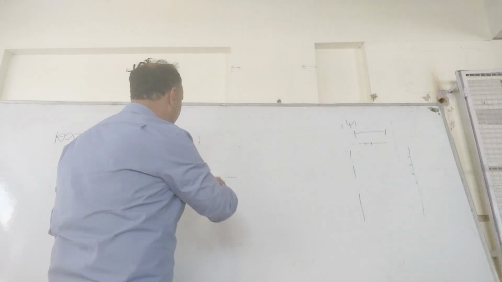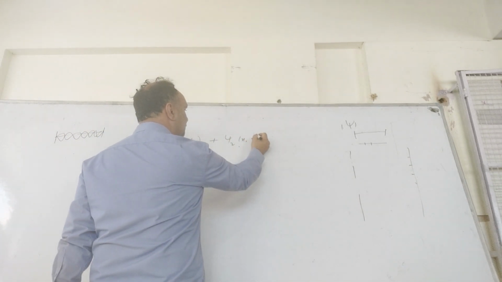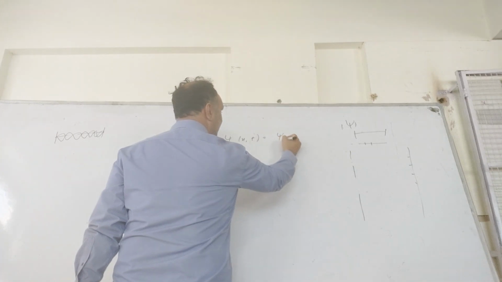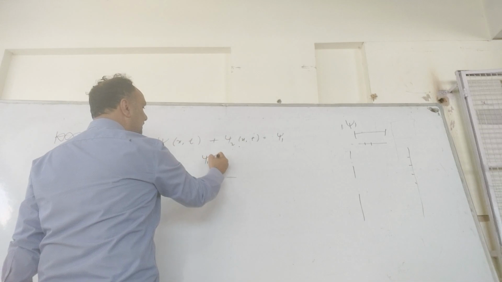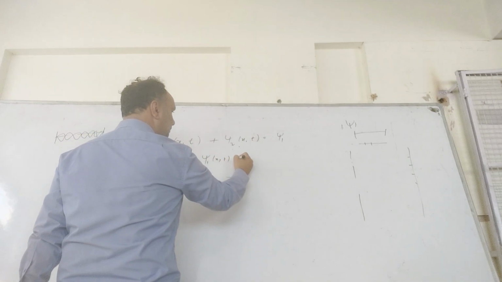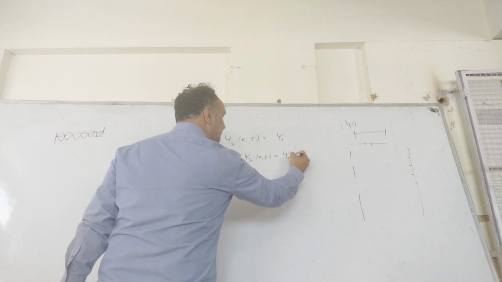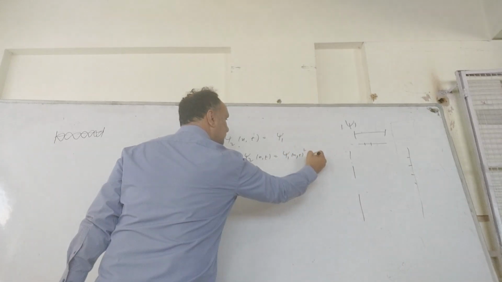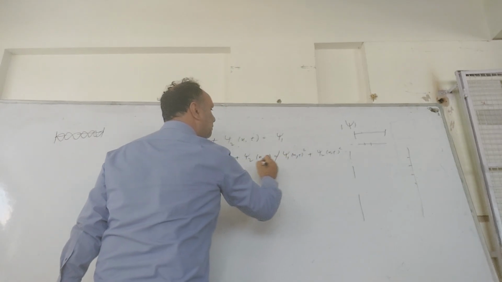For example, yesterday I said psi1 and psi2 can superpose. So we will say psi1 and psi2. The collective intensity pattern will not be like this. It will not be like this.